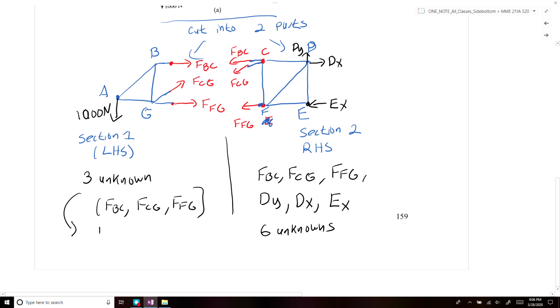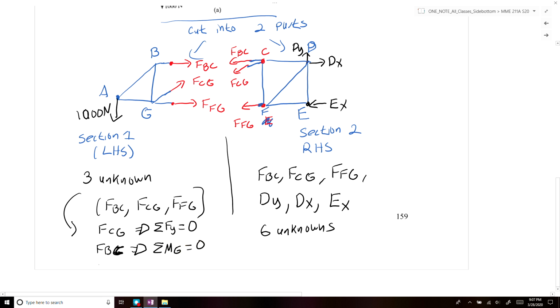So to find FCG, you could use the sum of all the forces in the y direction, set them equal to 0, right? To find FBC, I apologize, FBC, you could take the moment about point G, sum all the moments about point G, and set that equal to 0.